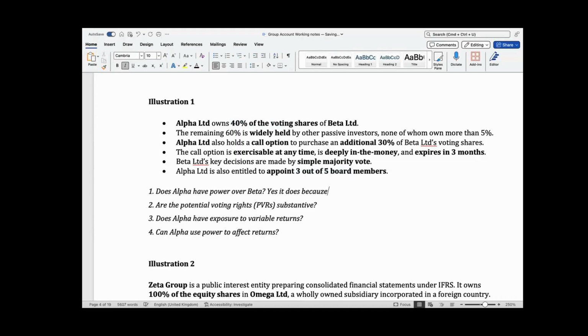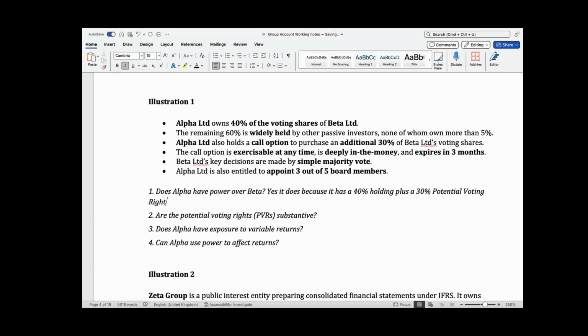Because it has a 40% holding plus a 30% PVR. And remember, I told you that when you want to know whether you have control, you need to consider potential voting rights.